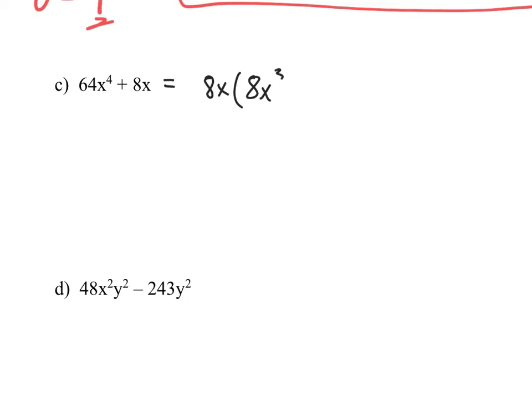X cubed, because we took an x out. Plus 8x divided by 8x. There's just one. Yep, the x is canceled, because x divided by x cancels.